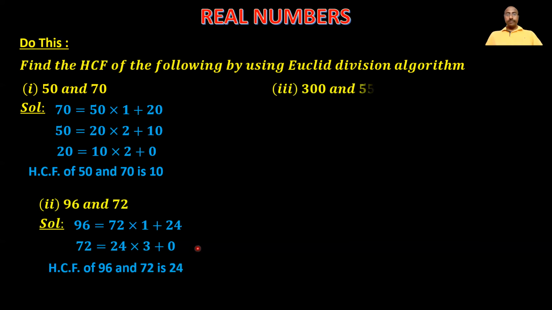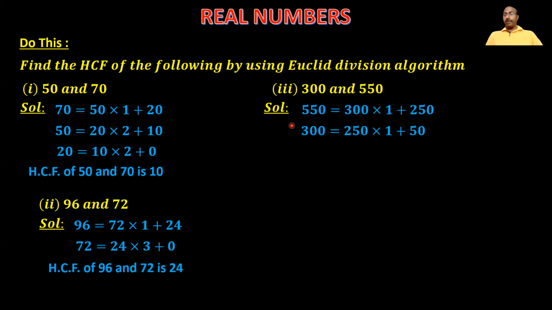Okay. The third one is 300 and 550. So here I am presenting just to observe the steps. 550 is equal to 300 into 1 plus 250, and 300 is equal to 250 into 1 plus 50. 250 is equal to 50 into 5 plus 0. So as the remainder becomes 0, our HCF of 300 and 550 is 50.